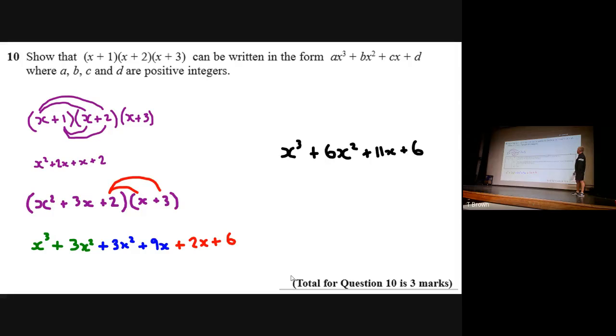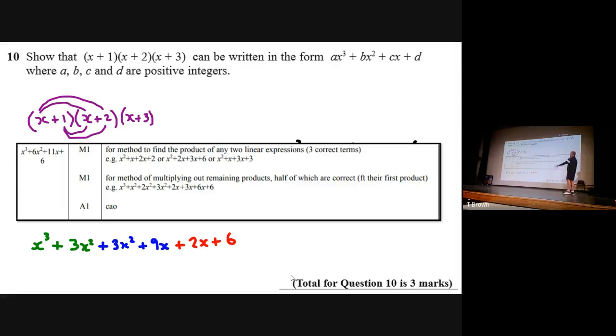So in terms of the mark scheme, if you've got a method to find the product of any of the two linear expressions, and you get 3 correct terms, you score a mark. And then for the method for multiplying out the remaining products, you only have to get half of them right, you then get another mark. And if you get the correct answer, then you get all 3 marks.